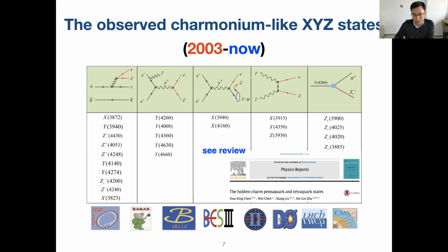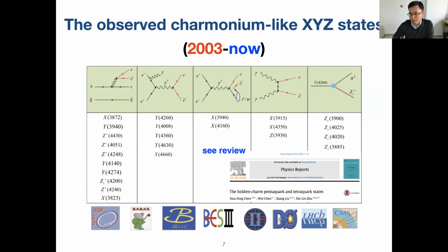We also have other groups like the e+e- annihilation, where you can notice that in the final state there exists a J/psi particle plus a charmonium-like state. The charmonium-like state can also be produced by the gamma-gamma fusion process. Here I list 3 states. I also want to emphasize another group, the charged charmonium-like states.